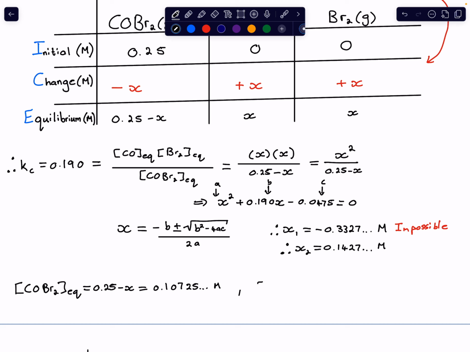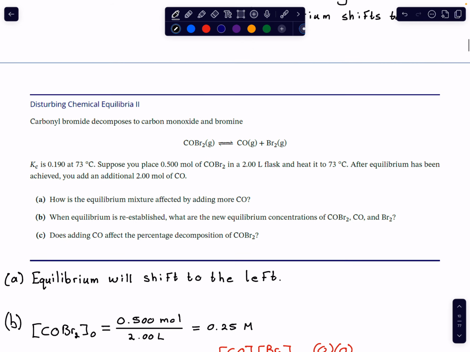And for the carbon monoxide and the bromine, same. They're both equal to X. So they're equal to 0.1427 molar. Okay. Right, so that's our equilibrium.